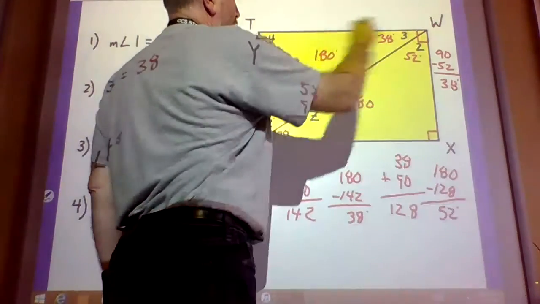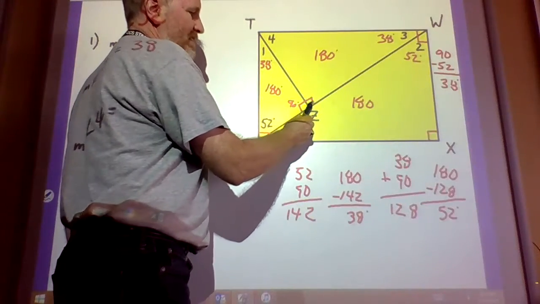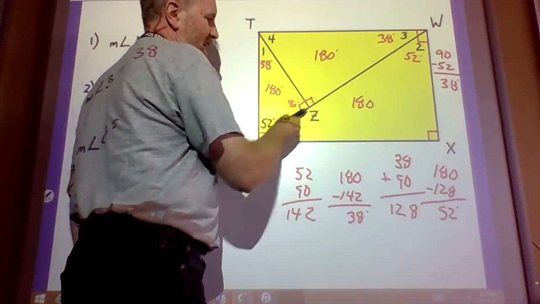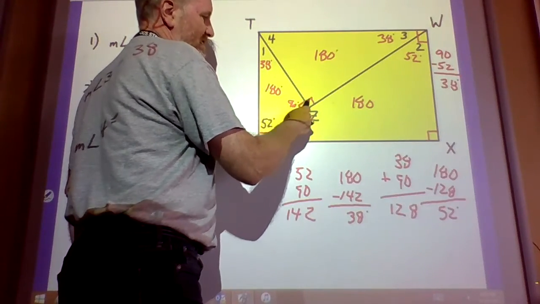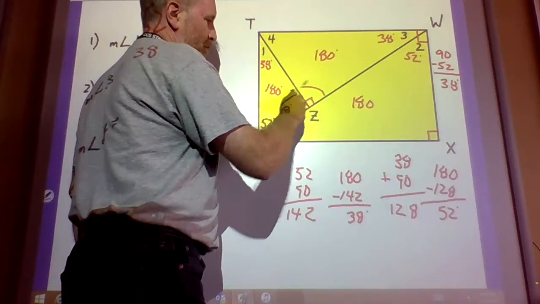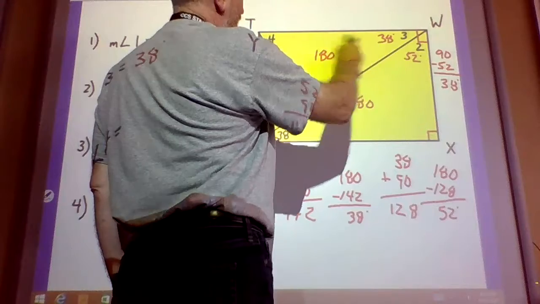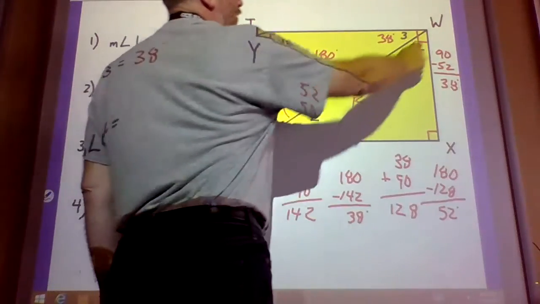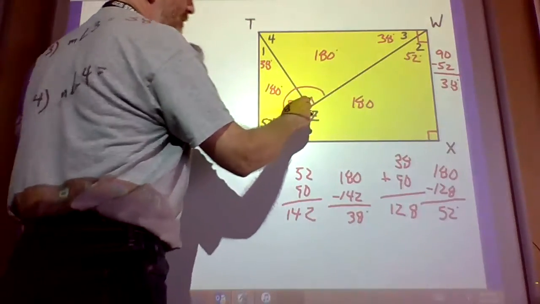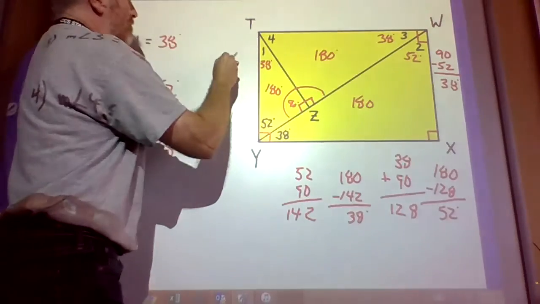All triangles are 180. I showed you why this has to be a 90, because you've got a straight line here, and if that's a 90, this has got to be a 90 to make that linear pair 180, right? So that's 90. We just proved that that's 38. So what's 4 to complete the 180 for this triangle? Well, I'm going to add 90 to 38.